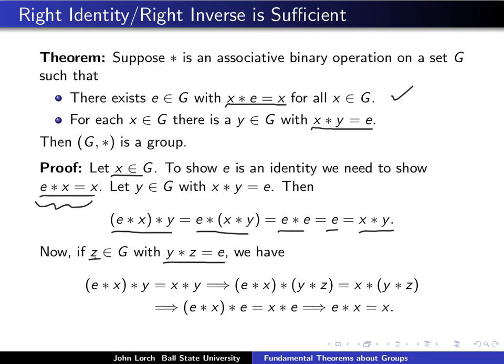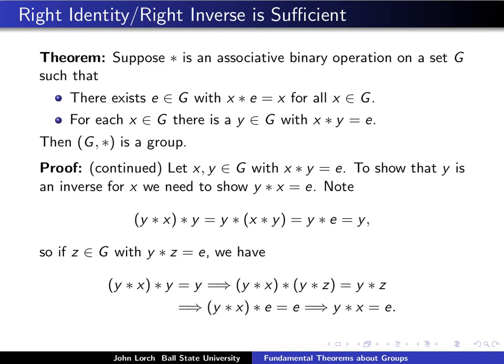So now if I multiply on the right on both sides of this equation by z, and I use the associative property, I wind up with this equation. But remember that y times z is the identity, or this right identity, so that leads to this equation. But now remember that e is a right identity, so this tells me that e times x is equal to x. And that was what we wanted to show. So we've shown now that this right identity is actually a two-sided identity.